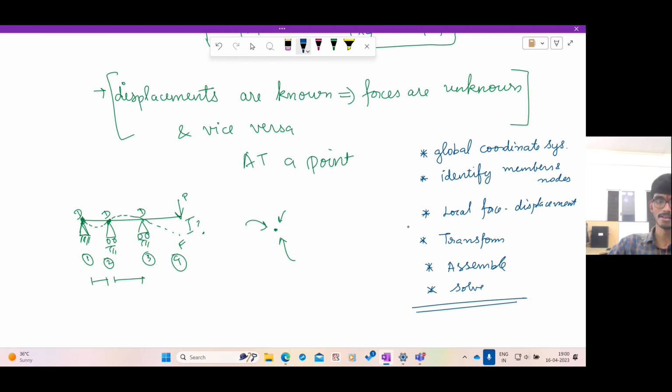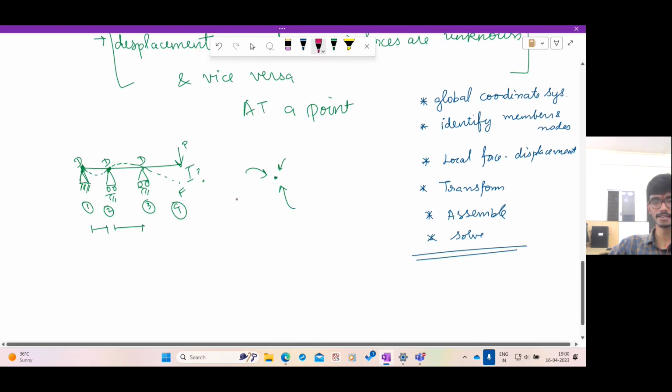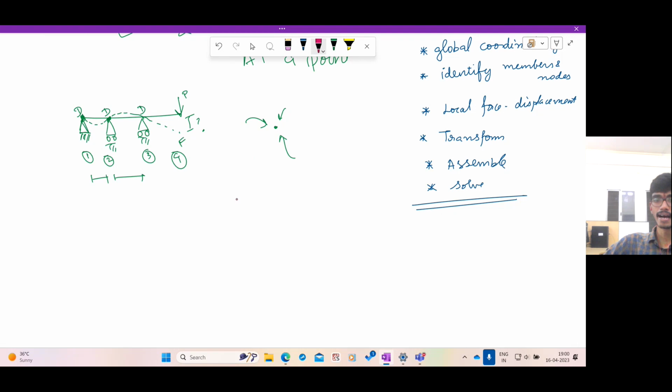So this is for trusses. When we come to beams, the idea is almost the same. There is not much of a difference in this. The only place where we differ is identifying the members and the nodes.